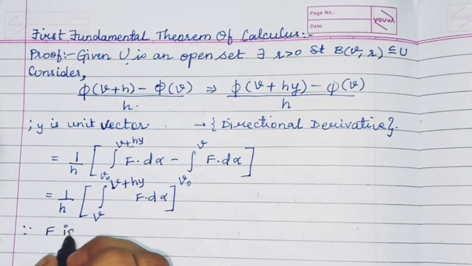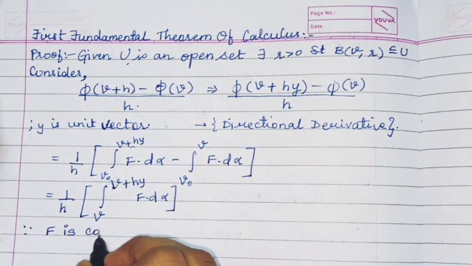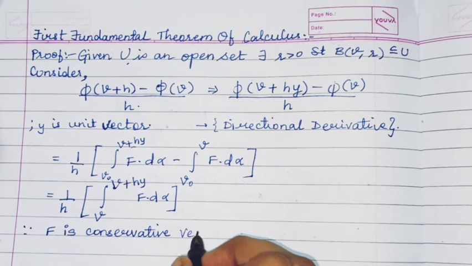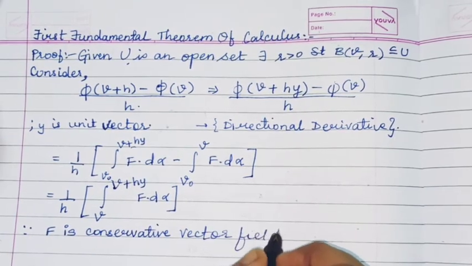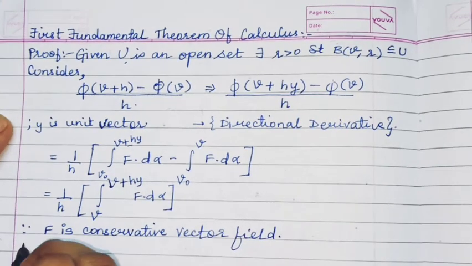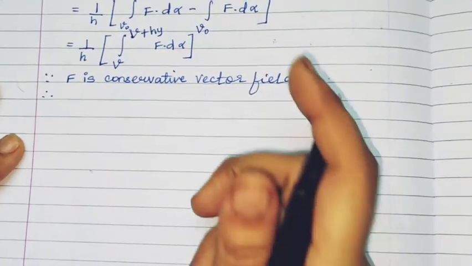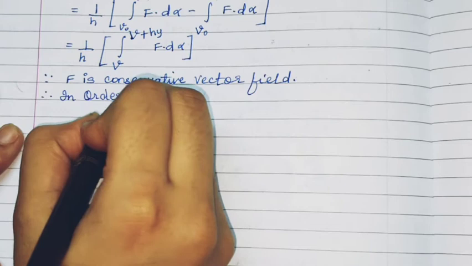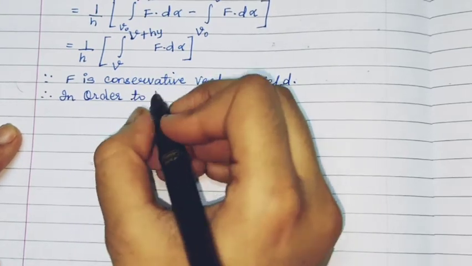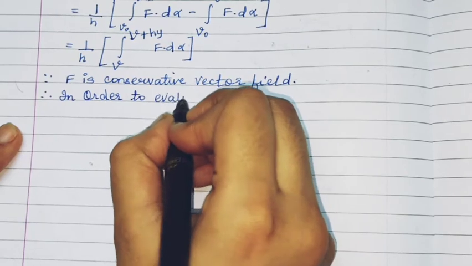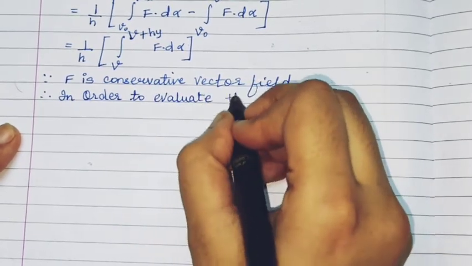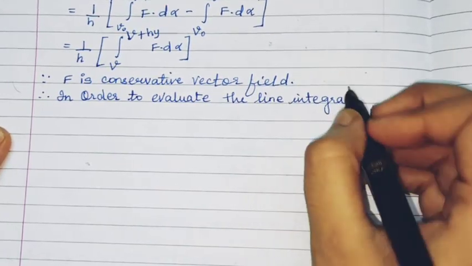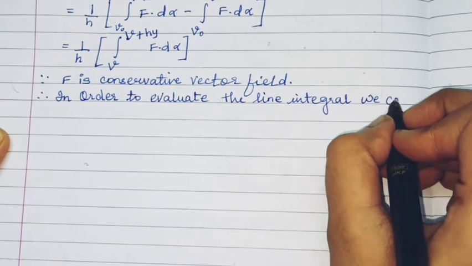But since F is a conservative vector field, in order to evaluate the line integral, the part in the bracket is the line integral of the vector field capital F with respect to the parameterization alpha.